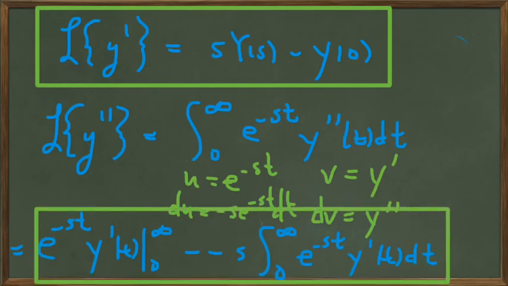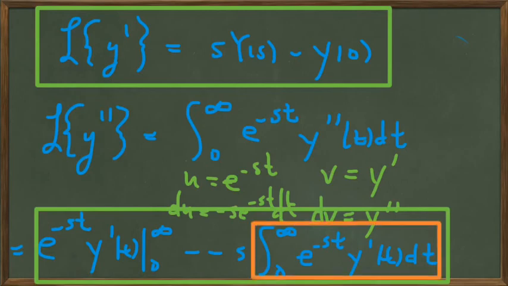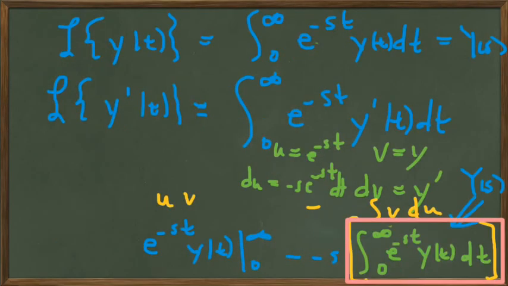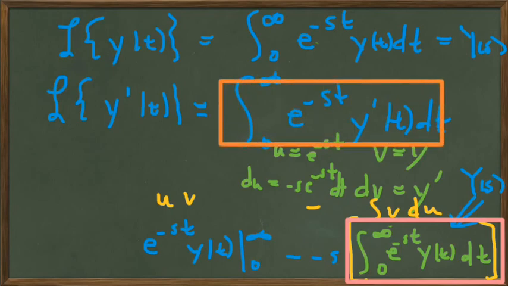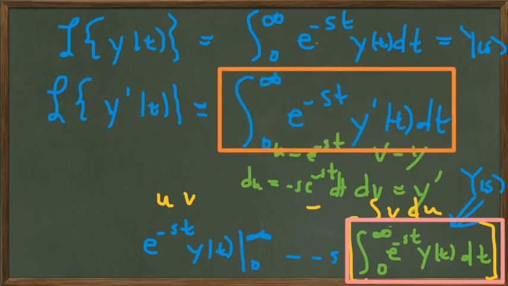and if we notice that this expression in the orange is just the transform of y prime multiplied by s, that's just what we had back at this step right here, and so that turned out to be s y of s minus y of 0.